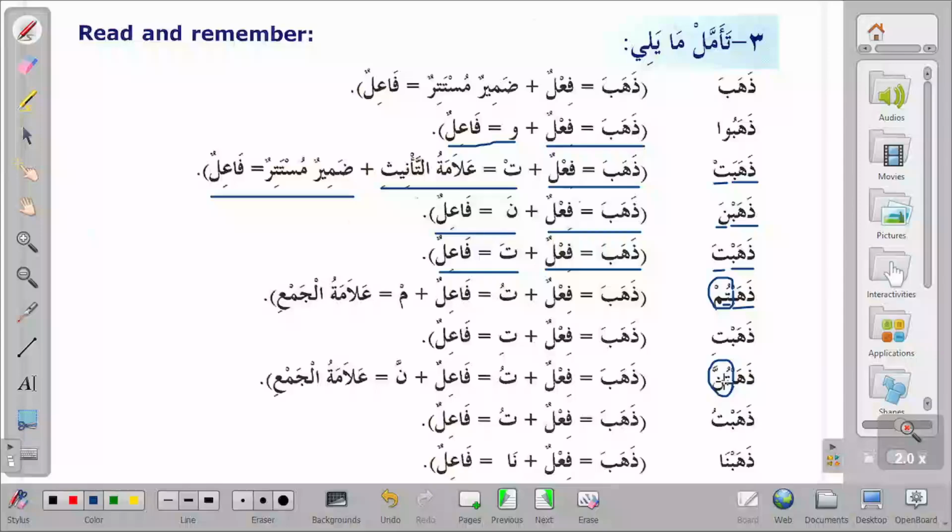The real pronoun is the ta, and then the noon here is to show that we are talking about feminine plural. I hope that is clear. So here there are three things: zahaba, and then the ta, and then the meem. So the zahaba is the fi'l.